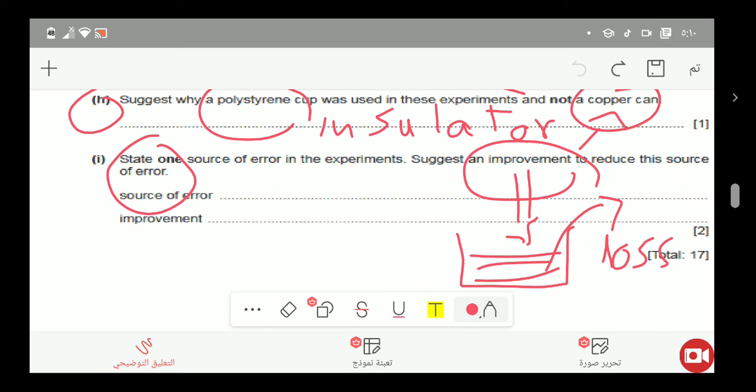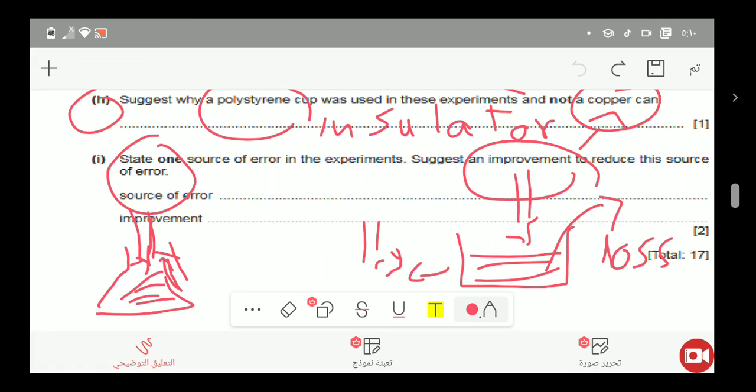If we use a conical flask instead, all of us know the shape of the conical flask, and we close the conical flask to prevent any escaping of heat. So the source of error is heat loss, and the improvement is using a measuring cylinder or conical flask, as you want.